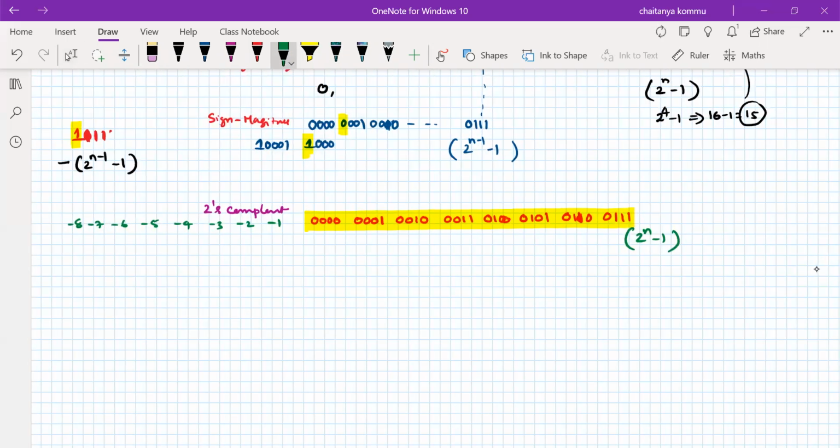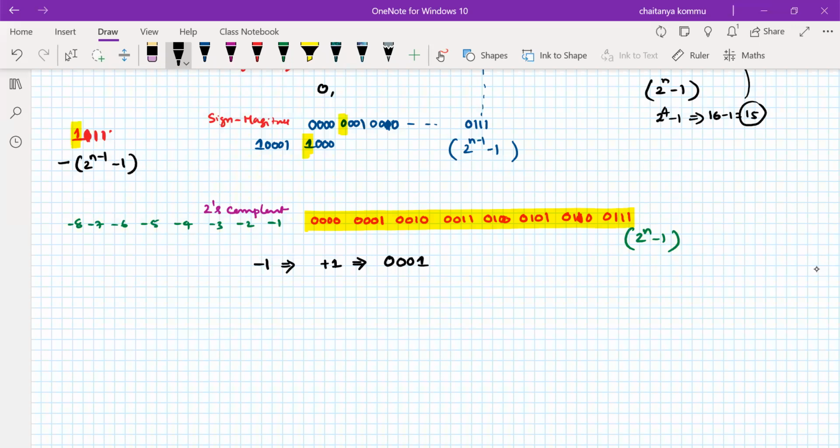That means it's a negative number, so we have to take the 2's complement of that number. What is the 2's complement of minus 1? For that, I have to take the plus 1 binary value in 4 bits. What is this value? 0, 0, 0, 1.